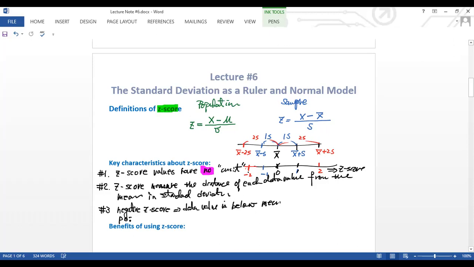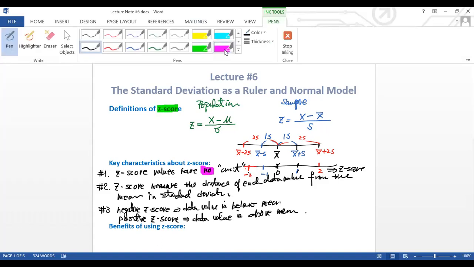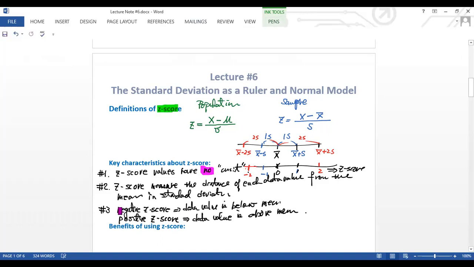If I have a positive Z-score, that means the data value is above the mean. This is quite important. So let's highlight the key things: negative means below the mean, and positive means above the mean. So it's right hand side, left hand side. The Z-score measures the distance, right?